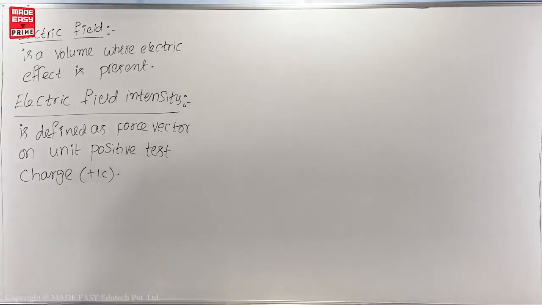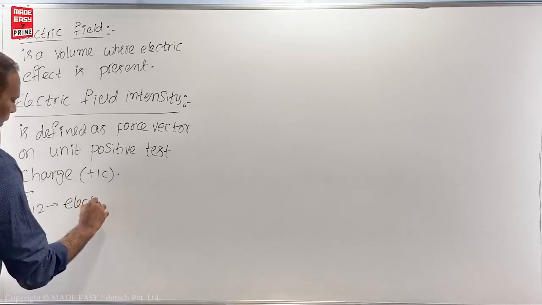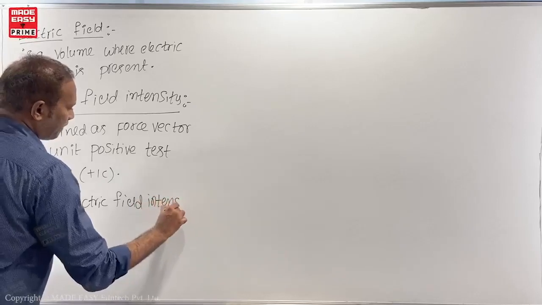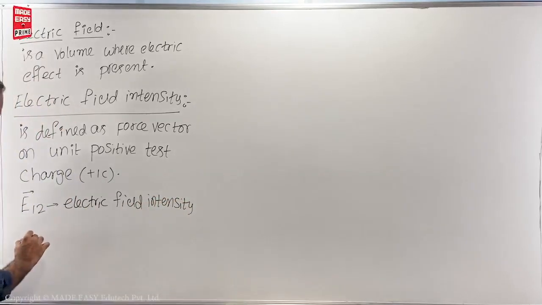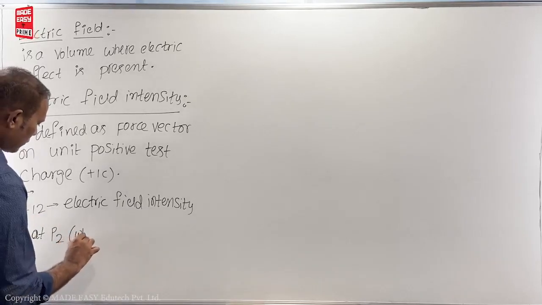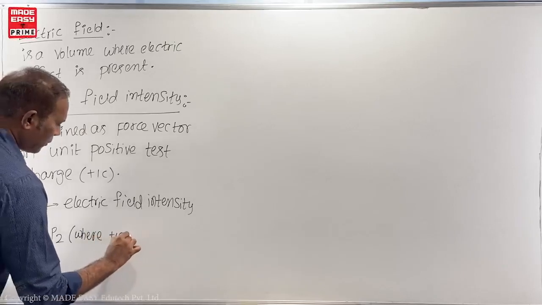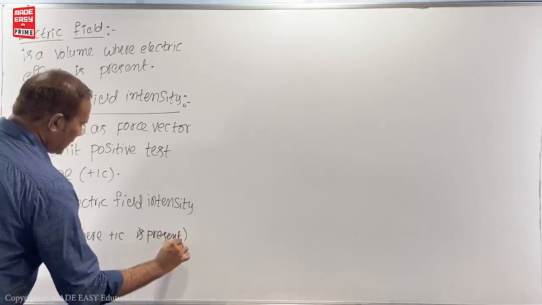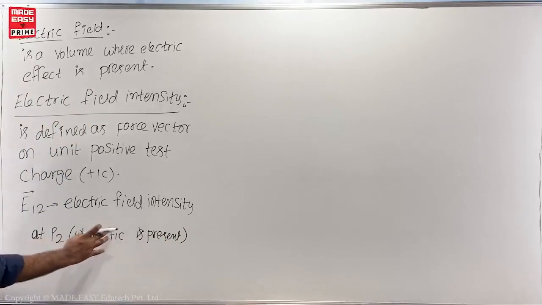Now we are putting one symbol, E12 bar. The meaning is electric field intensity at point 2, where a plus 1 coulomb charge is present. That means at point 2, 1 coulomb is present.